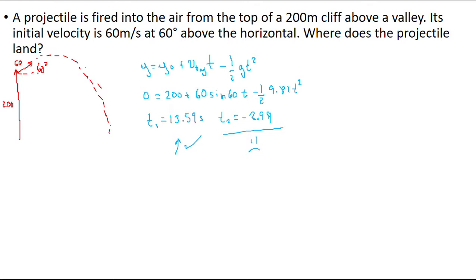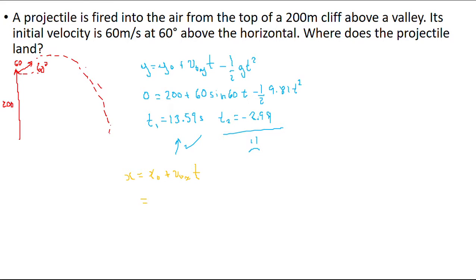So here we use that time and plug it into the other equation, the one for the x-axis. I'm going to use the orange pen now, and here we go. So x is equal to the initial position in x plus the initial velocity in x times time. Remember that in the x-axis, velocity is constant, so there's no acceleration.